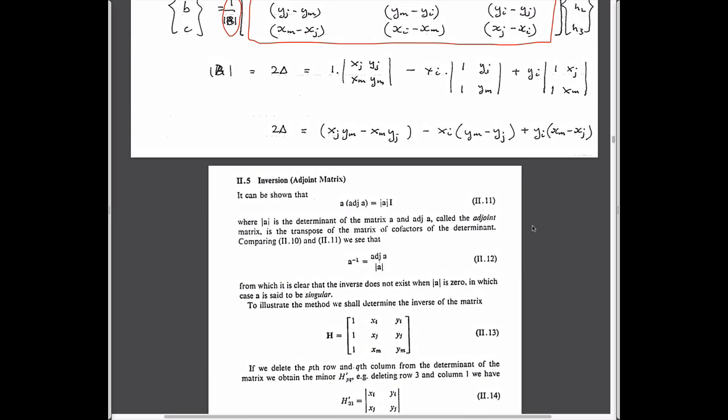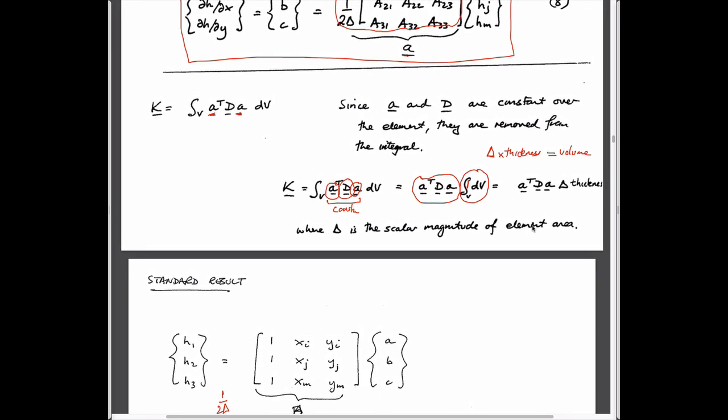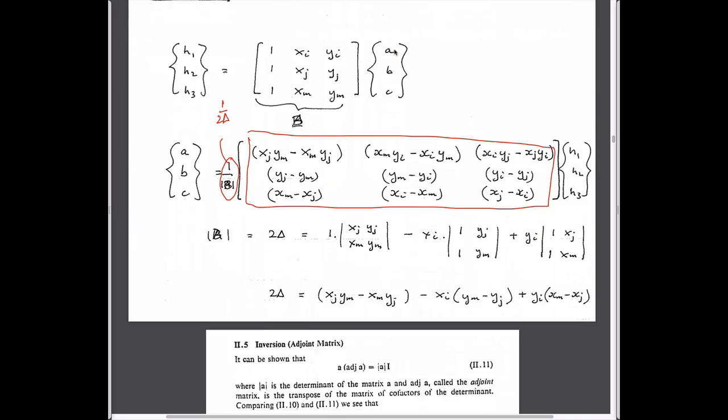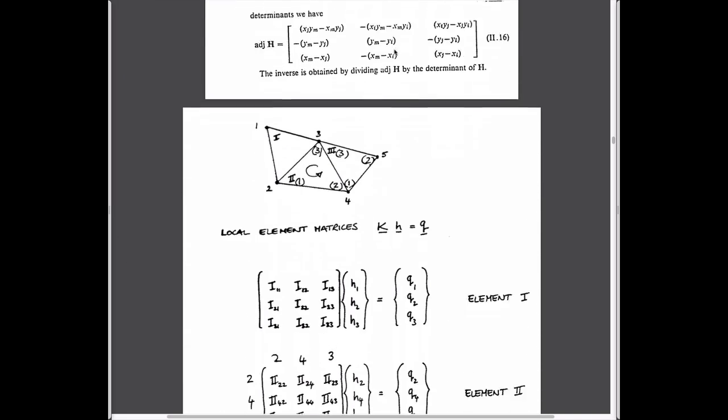So the bottom line is that we're able to calculate exactly what the terms of A are. The terms of A are A2,1, etc. We have 6 terms which we can calculate. And so now we need to do something with it. What do we do in terms of how we put together the conductance matrix?